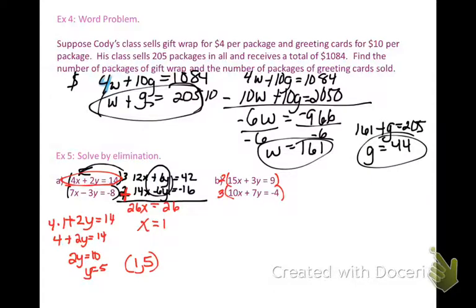Or to get rid of the y's, I can multiply the top one by 7 and the bottom one by 3. Does not matter which. I'm choosing the multiples of the x's to get rid of. So I am going to multiply by 2 and 3. Again, easiest to get rid of.